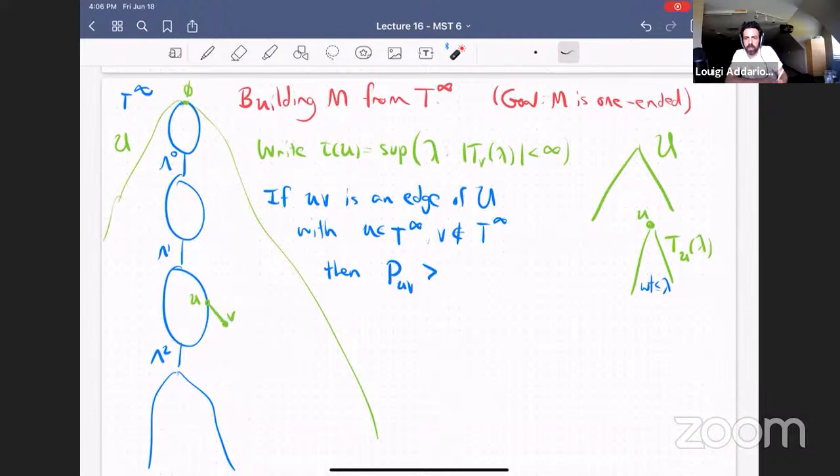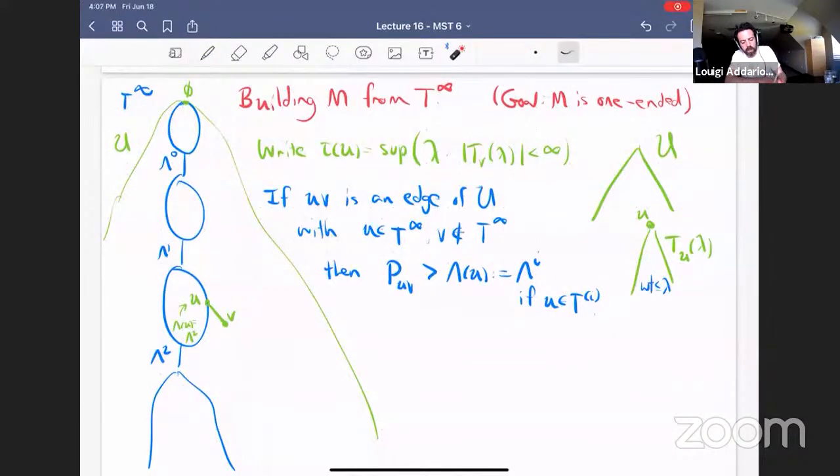Okay. So let me actually label all the vertices in this. Let me assign a sort of value lambda to all of these vertices. So I'll say that lambda u is defined to be lambda i if u is in Ti. So this vertex has lambda of u equal to lambda 2. Does that make sense?